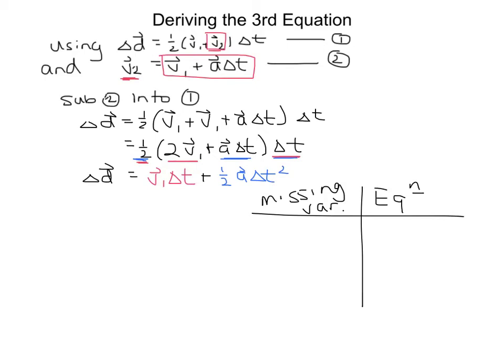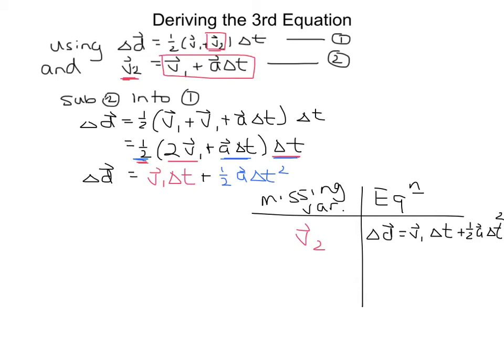So this time the missing variable is v2 as predicted, and our equation is delta d equals v1 delta t plus 1/2 a delta t squared. And you can go through a similar process and create the equations for the other two as well.